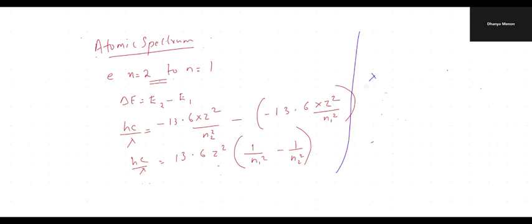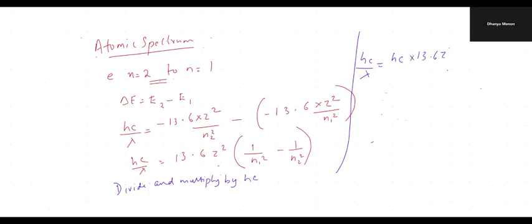So students, what I'm going to do next is divide and multiply by hc. Why I'm doing this, I'll tell you. So hc by lambda is equal to hc times 13.6 Z square by hc.